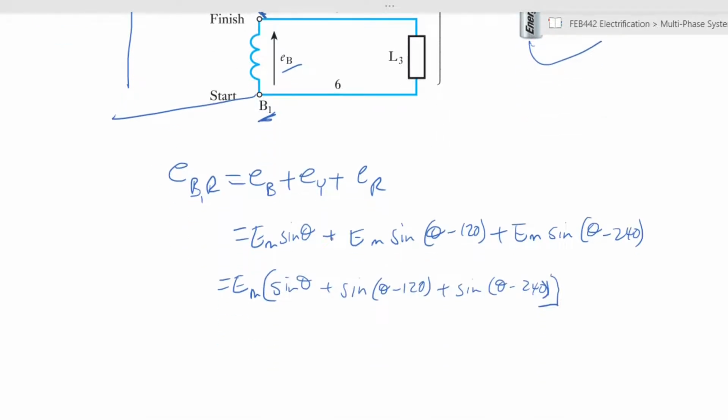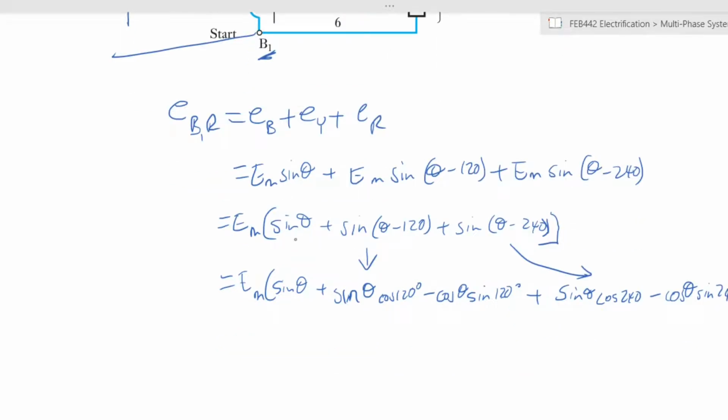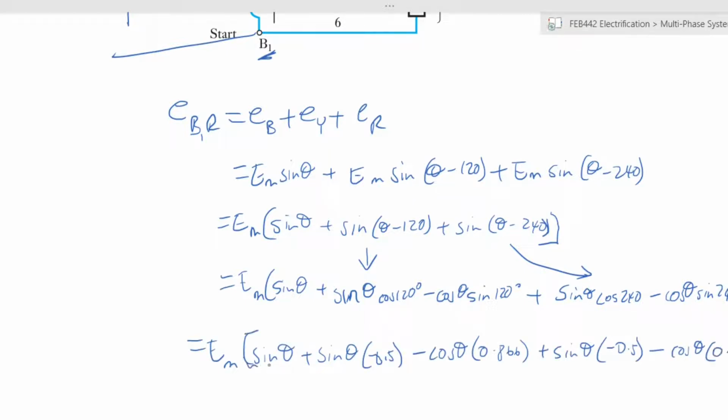You find that through a series of trigonometric identities it ends up looking like this. Sine A minus B changes to sine theta cos 120 degrees minus cos theta sine 120 degrees, and that one expands to, continuing with this expansion, now we notice a number of terms that will start to cancel each other out.